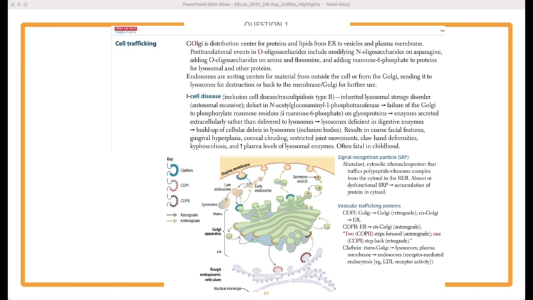Thus, the lysosomes are deficient in digestive enzymes, so you get a buildup of cellular debris in lysosomes. So this is maybe why a lot of you guys picked answer choice B, okay? You can see there that I-cell disease can result in coarse facial features, gingival hyperplasia like our patient. But it's important to keep a note, the defect here is actually in the Golgi apparatus. It's the Golgi apparatus that has failed in its job to phosphorylate those mannose residues, okay?